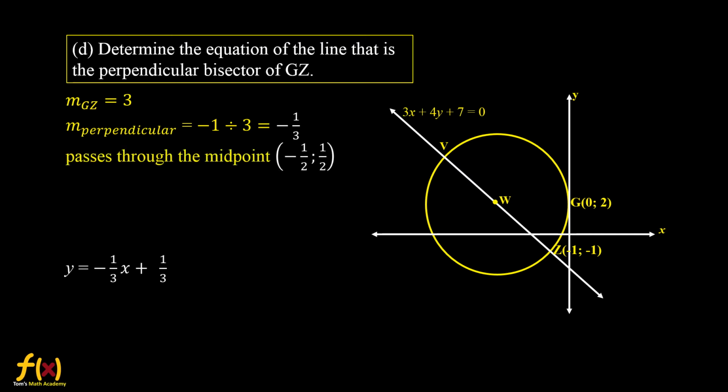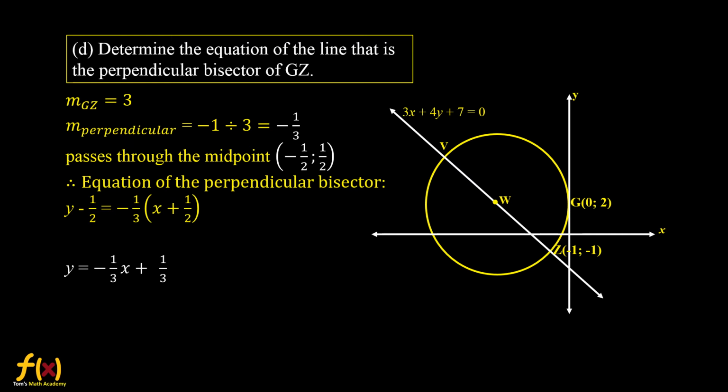It passes through the midpoint. Therefore, the equation of the perpendicular bisector is y - y1 = m(x - x1). We modify that equation very carefully. We get the equation of the perpendicular bisector: y = -1/3 x + 1/3.